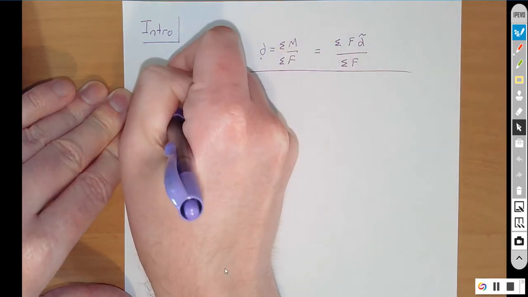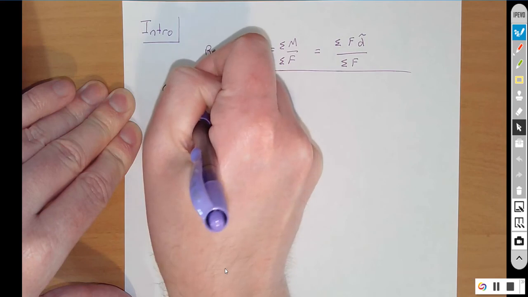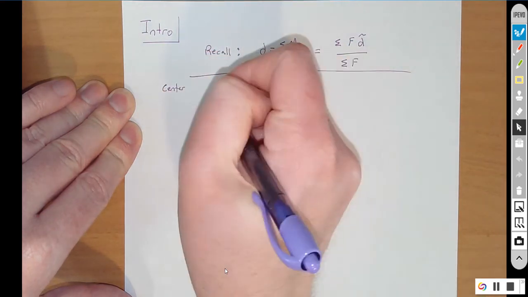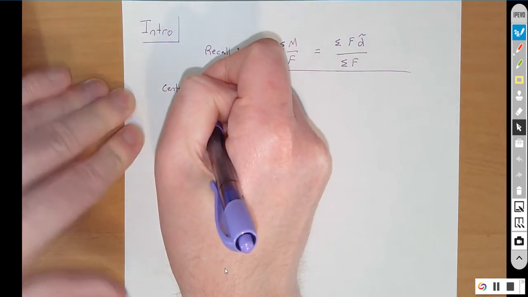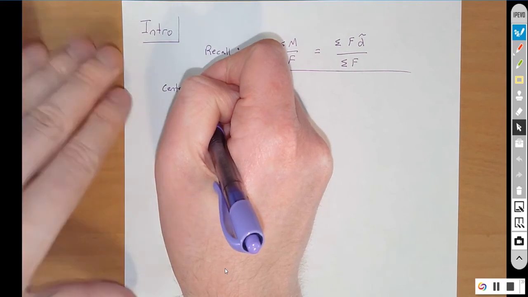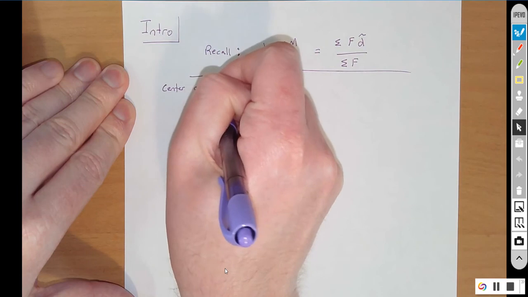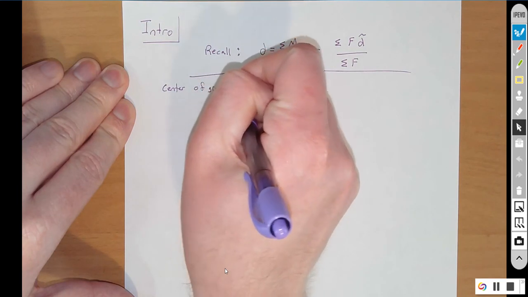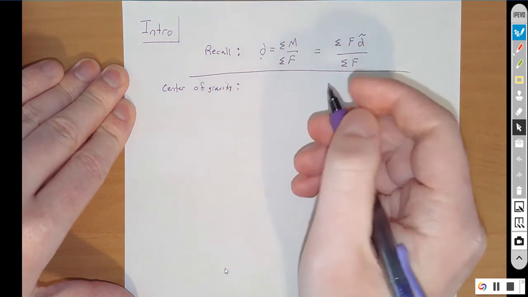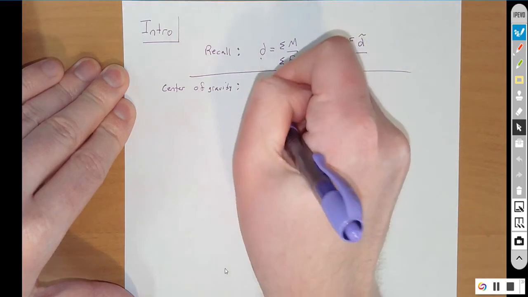So for center of gravity, this is where we say the weight is acting whenever we do our free body diagram. We get the equation. I'm only going to do these in the x.